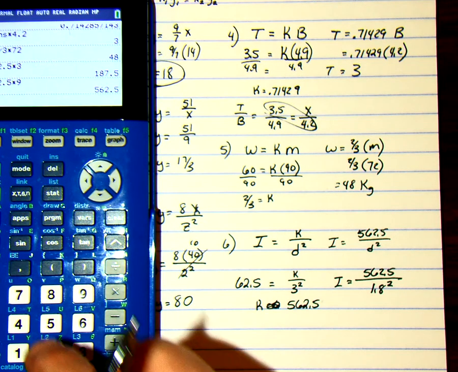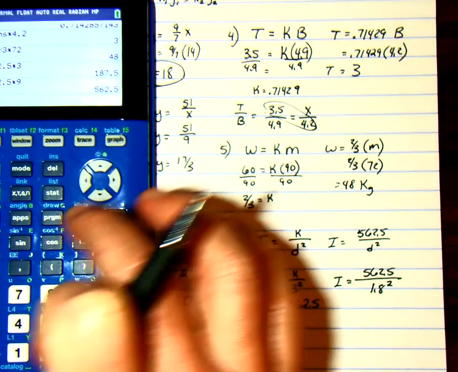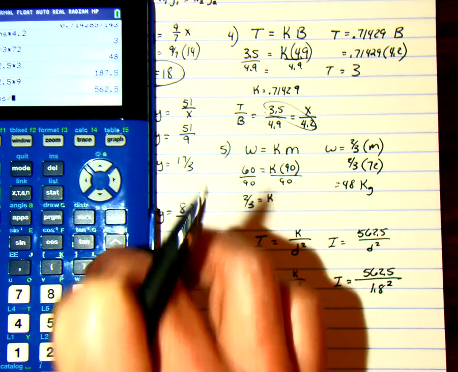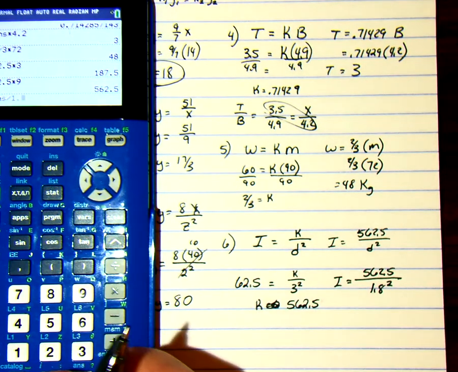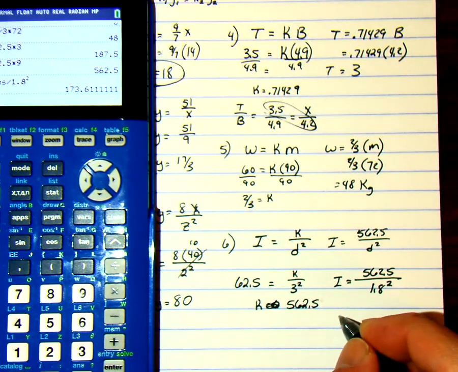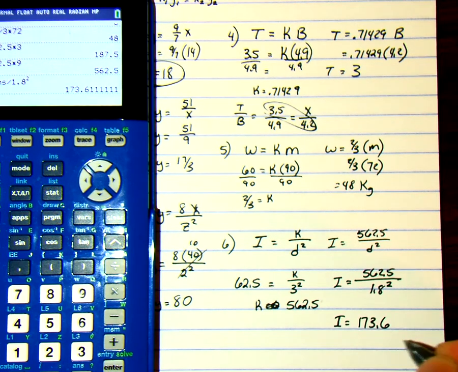So here it is. Previous answer divided by 1.8 squared is 173.6. And the units are already in there for us, so we didn't have to worry about it. All right. We knocked that baby out in 12 minutes. So there we go. All right.